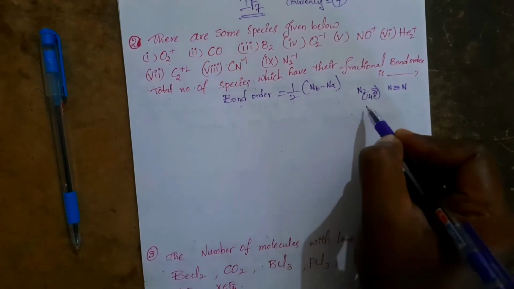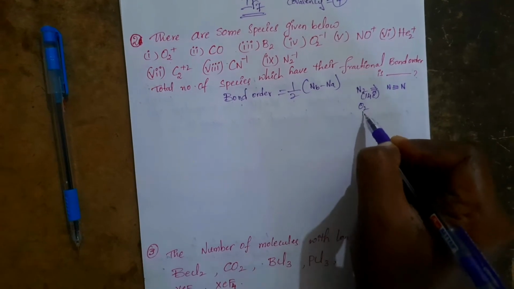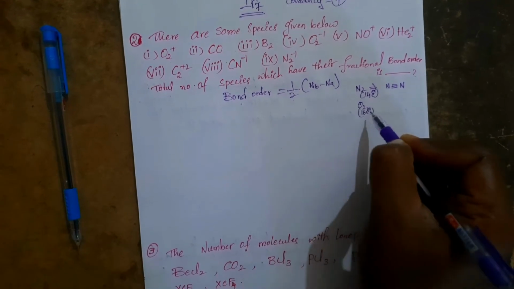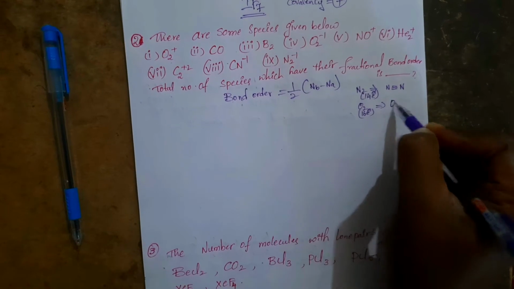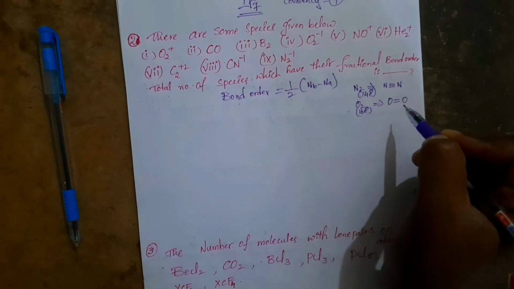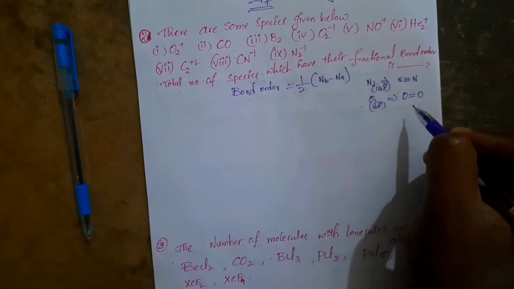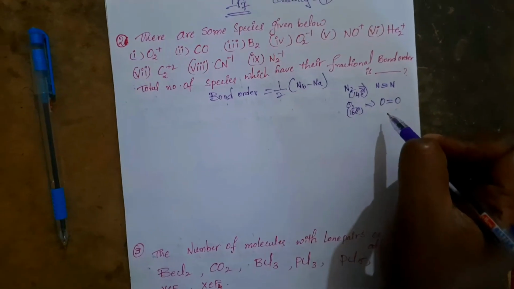The oxygen molecule is a 16 electron molecule, so its bond order will be 2. Between the oxygen atoms, 2 bonds are present in the O2 molecule.